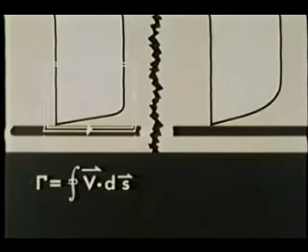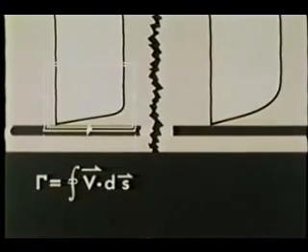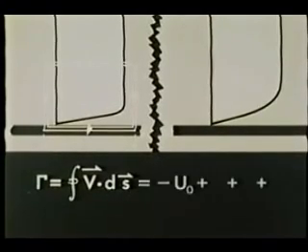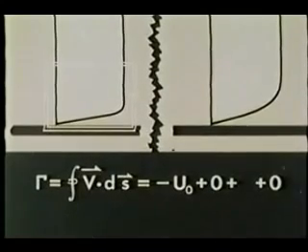The contour at the upstream station is a unit length along the plate and is more than a boundary layer thickness in height. At the top, the local velocity is parallel to the contour, but in the opposite sense. The components of velocity along the right and left parts of the contour are virtually zero.